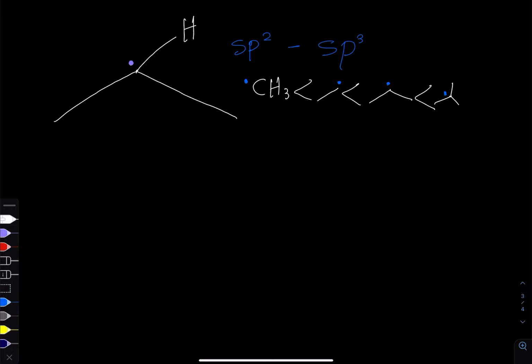The radical could also be benzylic. So if we have a ring that looks like this, let's say I have a tertiary carbon there with a radical on it.